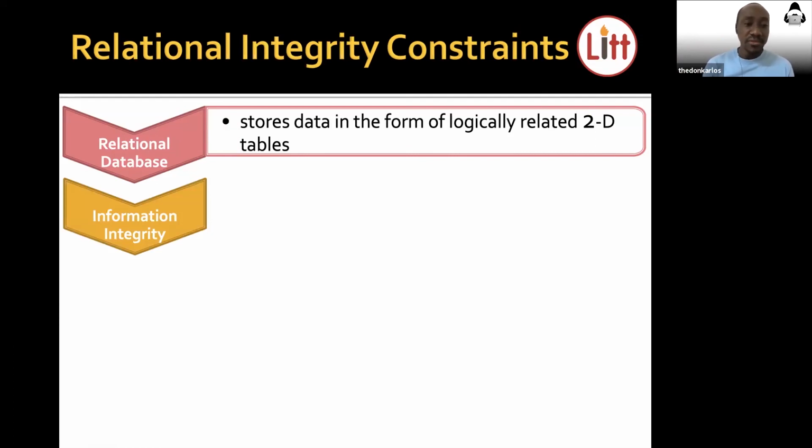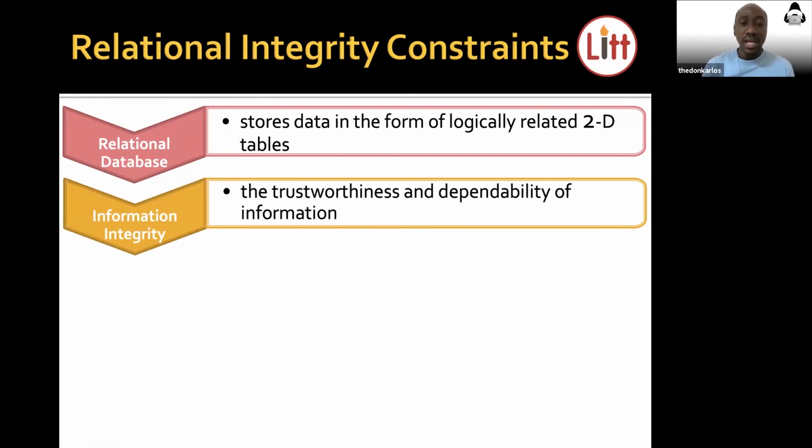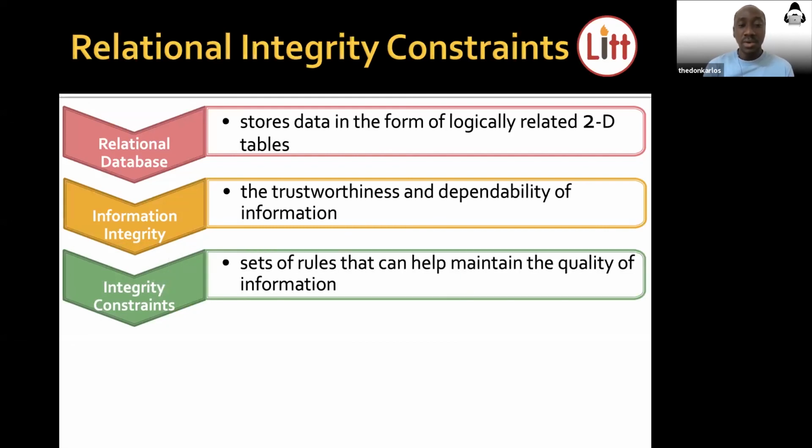Then we talk about information integrity, where we look at the trustworthiness and dependability of the information or the data that you are storing in the database. Then the integrity constraints talk about the set of rules that can help maintain the quality of the information. Three things: relational database, information integrity, then the integrity constraints.